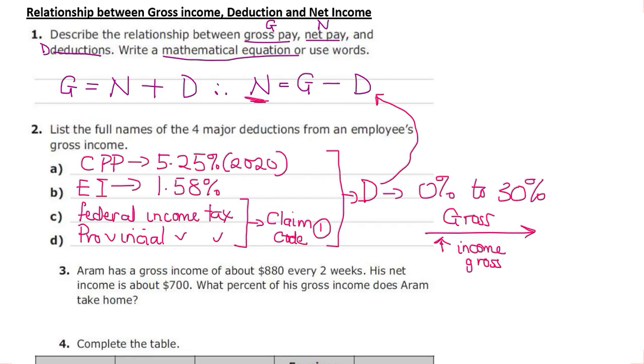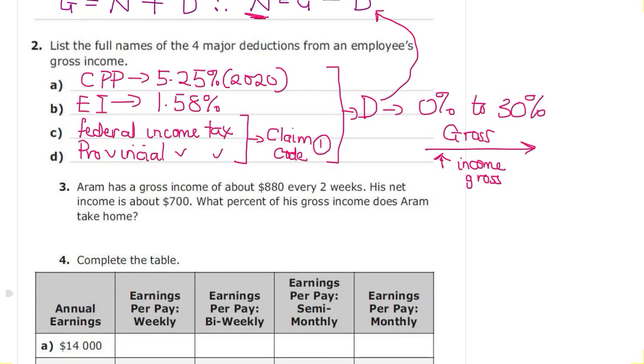So that is it for number 1 and number 2. And now number 3 says that this particular person has a gross income, which is G, of around $880. This is every 2 weeks, so it's bi-weekly. Now this person's net income, which is N here, is around $700.